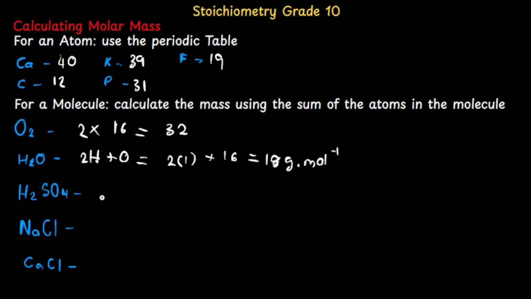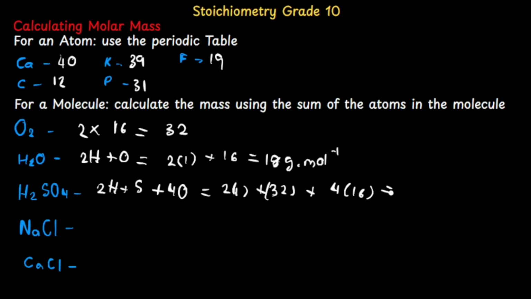Looking at H2SO4, I can see that I have 2 hydrogen atoms, I have 1 sulfur atom, and I have 4 oxygen atoms. So I can simply put this into an equation and find the mass. So it'll be 2 times 1, which is the mass of a hydrogen atom, plus the mass of a sulfur atom, and the mass of a sulfur atom is 32, plus 4 times the mass of oxygen, and the mass of oxygen is 16.